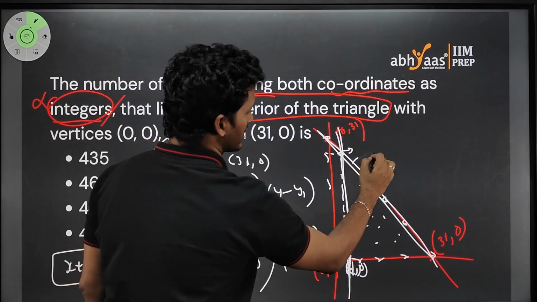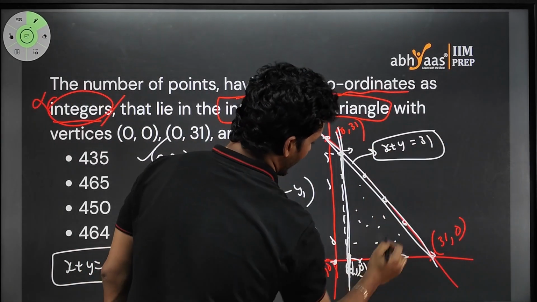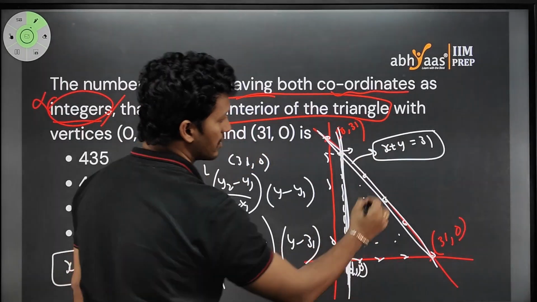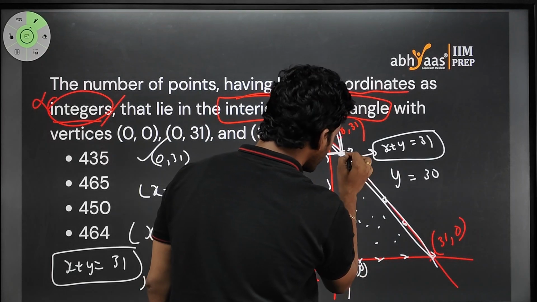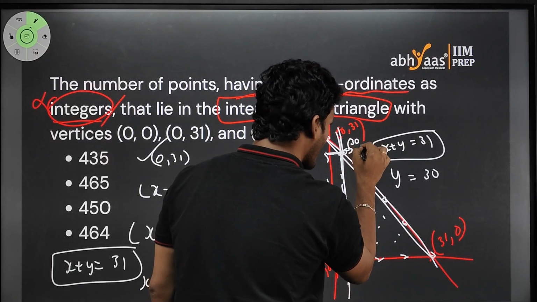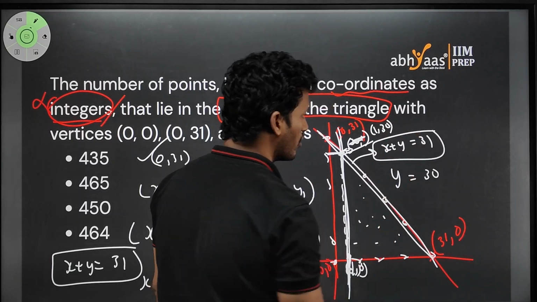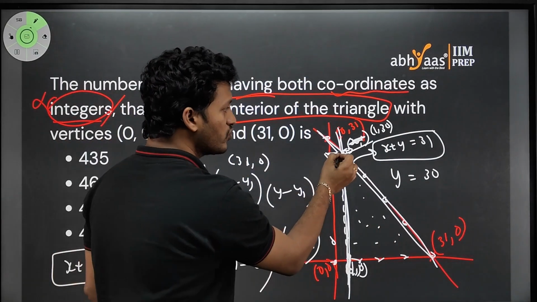My line equation here is x plus y equal to 31. That means if x is equal to 1, the line passes through y equal to 30. So exactly this point is (1, 30). That point is on the straight line, but I don't want that point.